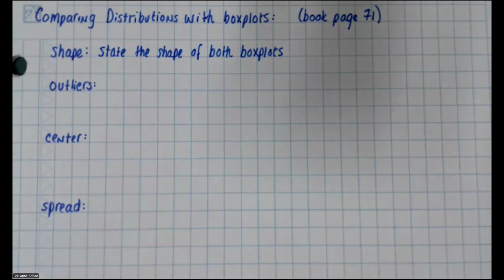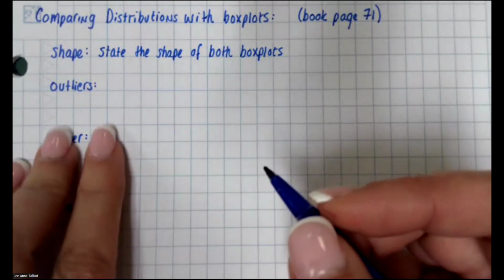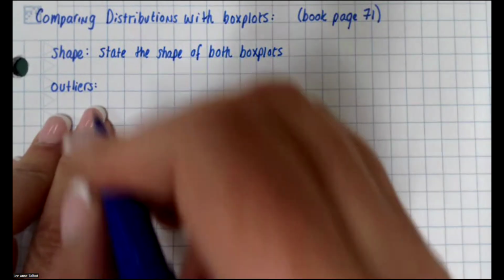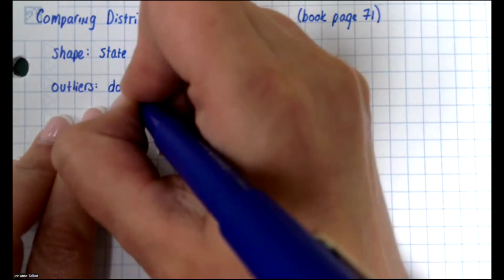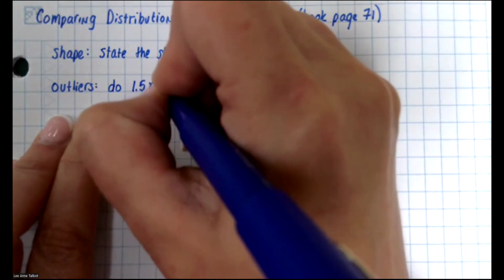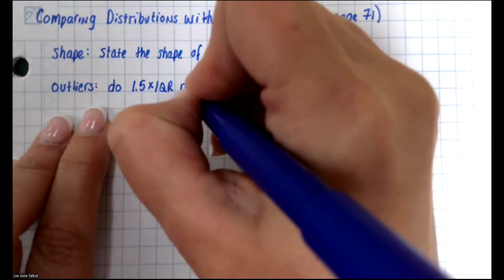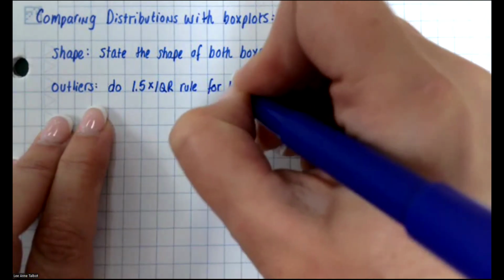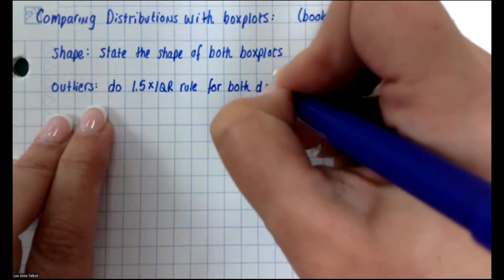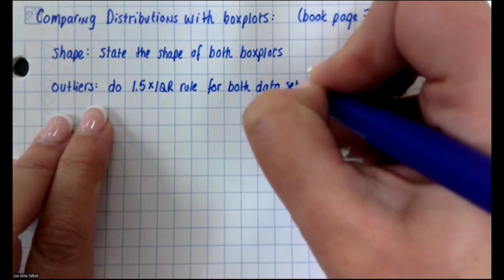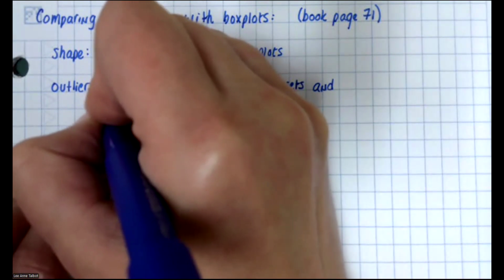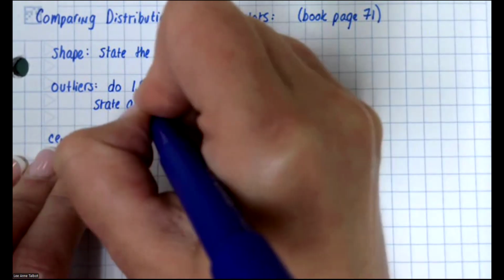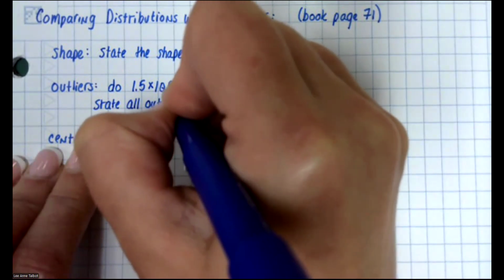Okay, for outliers, you have 2 possibilities. If you have a data set, do the 1.5 times IQR rule for both data sets and state all outliers.